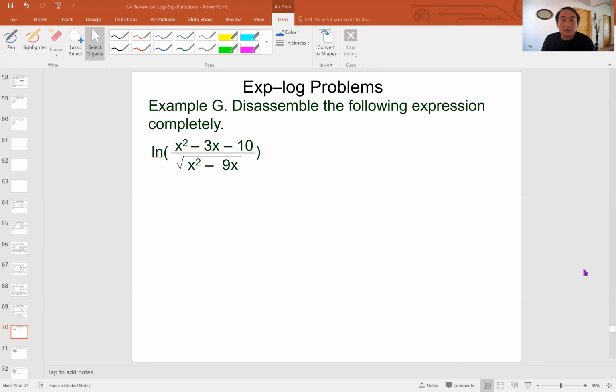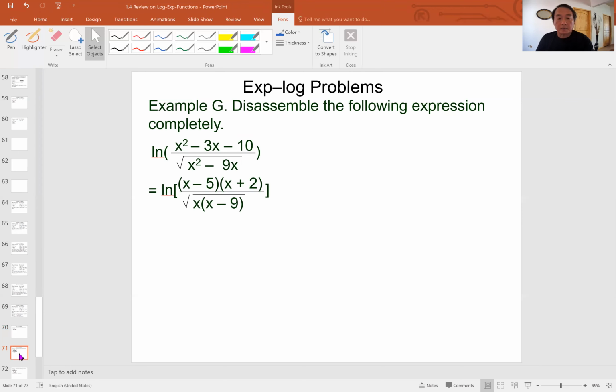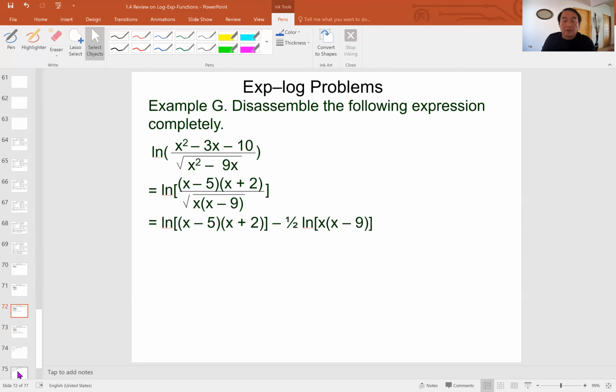And how do we do that? The first thing you want to do is factor everything and put everything into fractional exponents. Because now I can break up the products in the numerator as adding logs, and the divisions as subtracting the log of the top and the bottom.